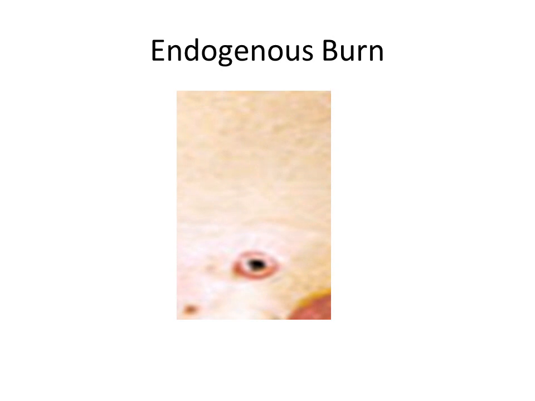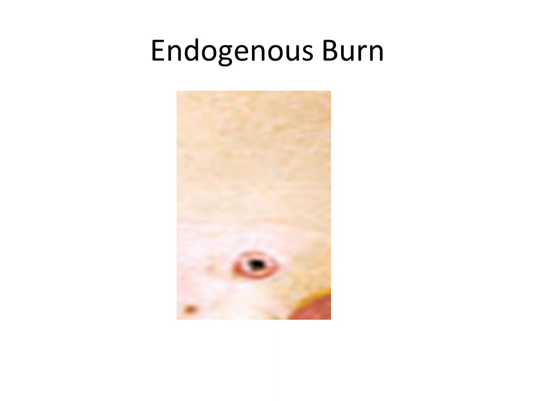So let us discuss the endogenous burn. This is how it looks. If you can see here, this is an area which is known as a crater, and after that there is an area of devitalized tissue, and after that there will be an area of slightly heaped up keratin, and beyond that will be a zone of redness.